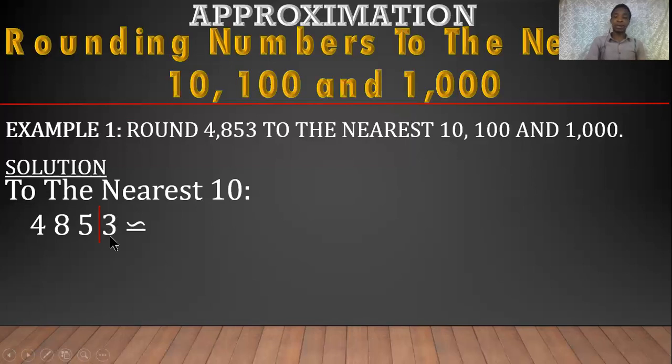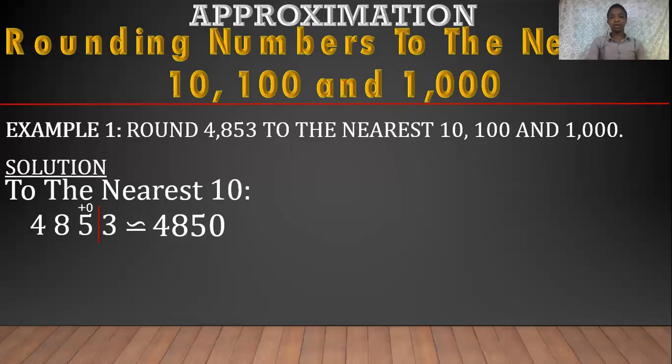For rounding down, you add 0 to the required place value digit, so 5 plus 0 remains 5. Then the number to the right of the line changes to 0. I have just one 0 in this case. So my answer will be 4,850. Very simple.